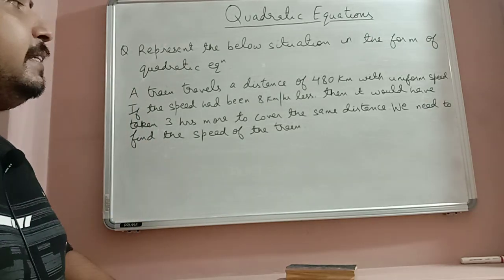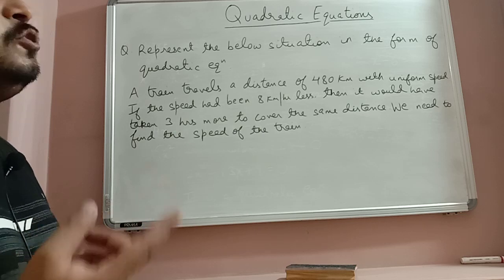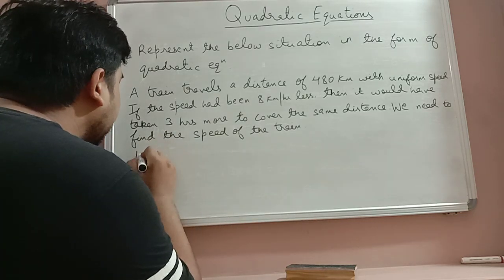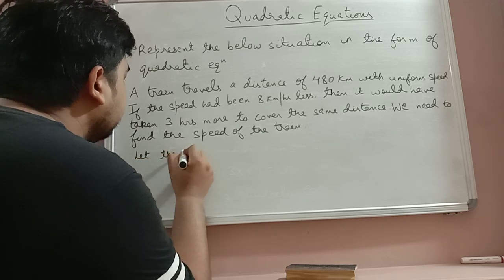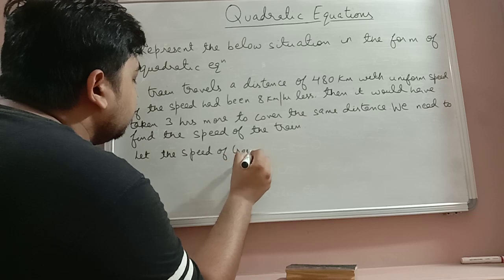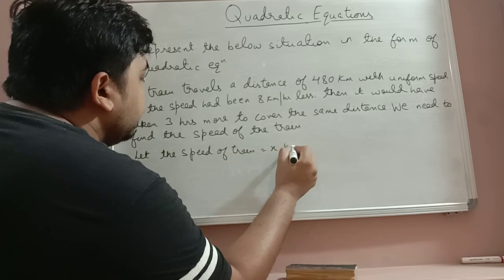So first thing that we need to do, let us assume it to be a variable. So let's assume that let the speed of the train be x kilometers per hour.